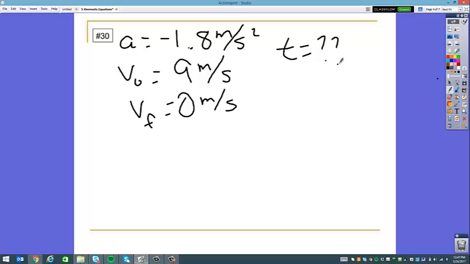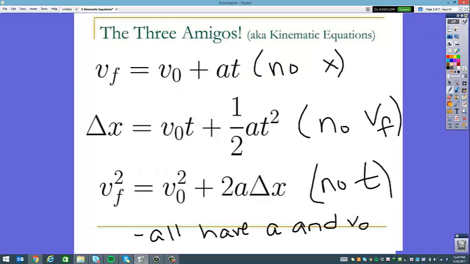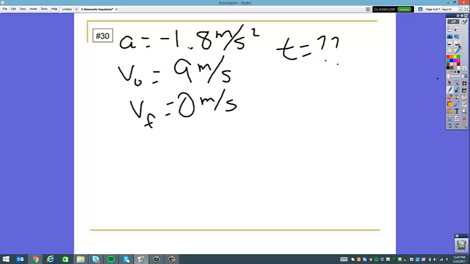So if you look back at your amigos, you have VF, you have VO, you have A, and you're looking for T. So that means we're going to use the first amigo. So I have VF equals VO plus AT.